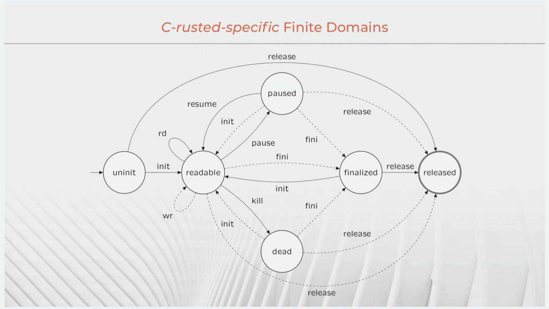So if you simply call free, you are possibly giving ways to an attacker to obtain this confidential information. So in this kind of resources, all the release dashed arrows will be inhibited, and only the finalized to release transition will be enabled.